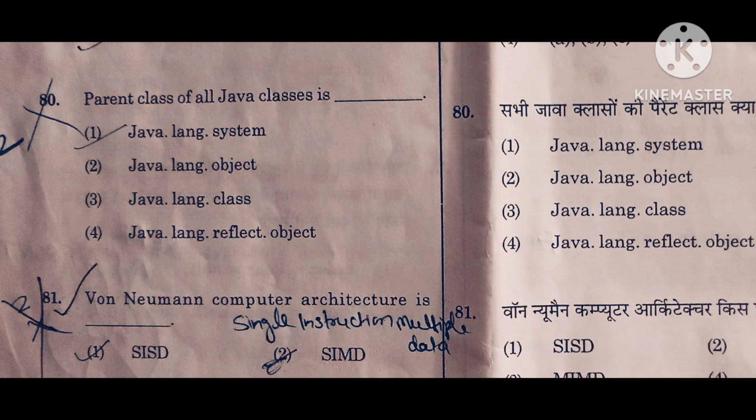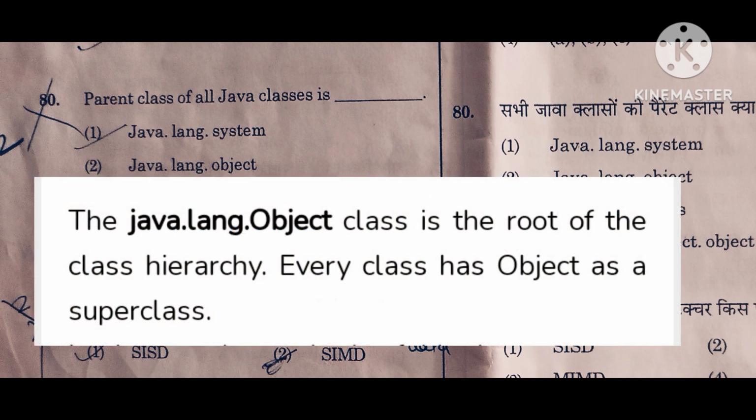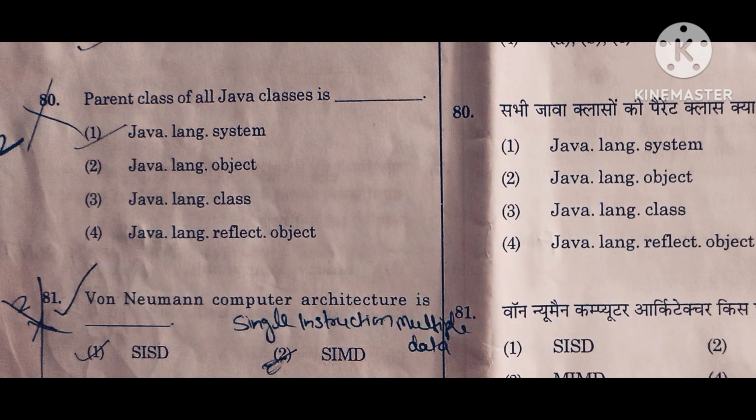Question is, the parent class of the Java class is, here you see option 2 is correct, java.lang.Object. The java.lang.Object class is the root of the class hierarchy. Every class has Object as a superclass. And what is an object? An object is an instance of a class.